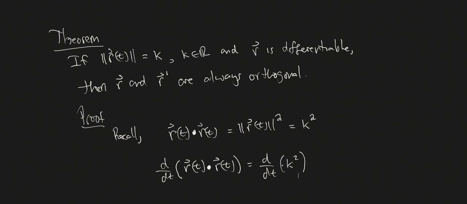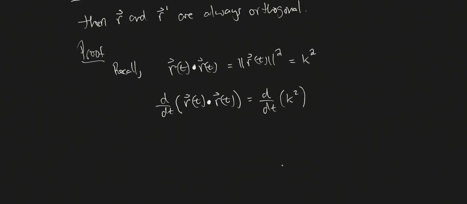All right. Now this is where we need the product rule, because we don't have an actual formula, we don't have actual components for R. We just know that it's a vector function, and we know that it's differentiable. So everything here makes sense.